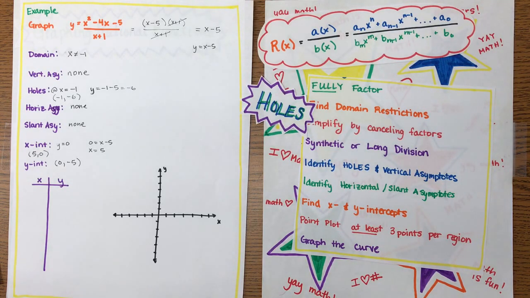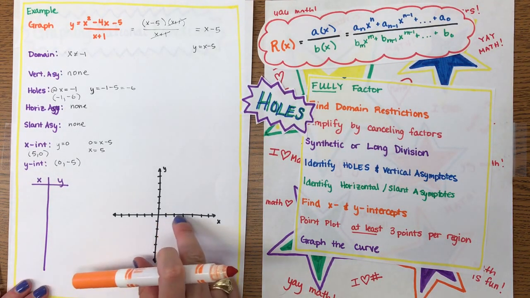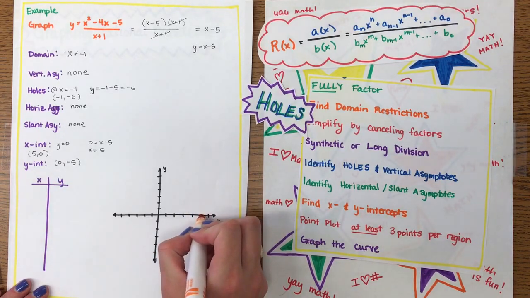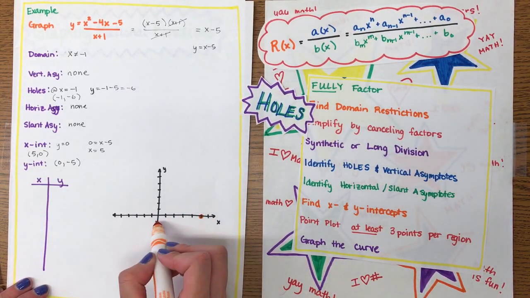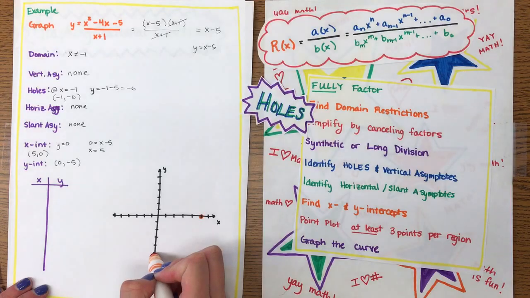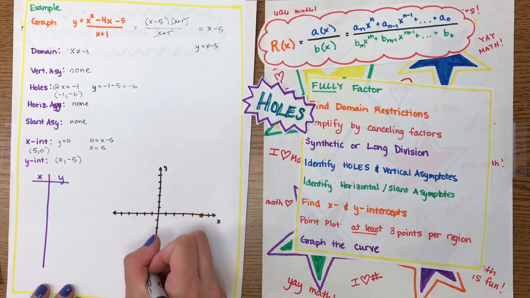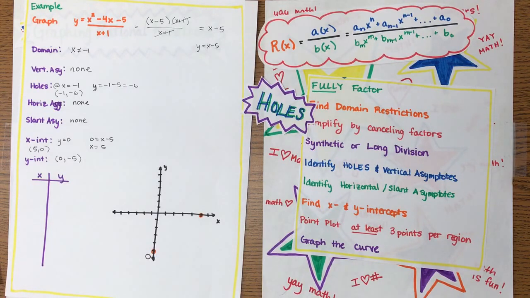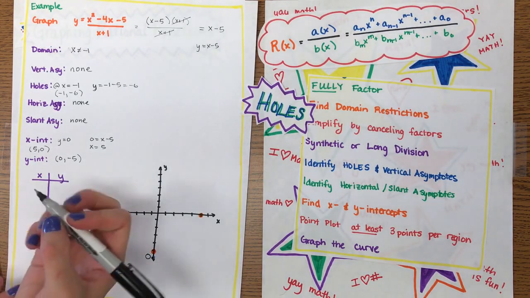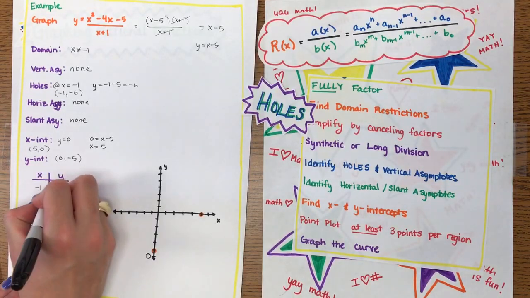I know the point 5, 0, and I know the point 0, -5. And I also know that I have a hole at -1, -6. Because this is a line, that's 3 points on my line. So I have -1, -6.